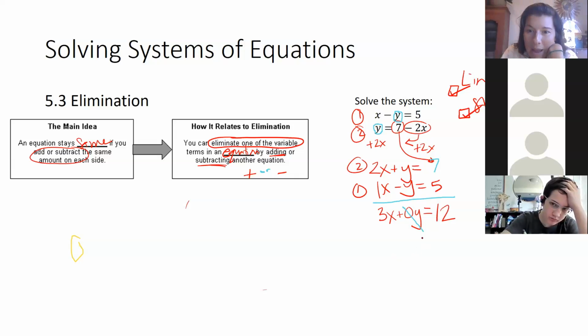Okay, so look what happened. We eliminated our y variable by adding the two equations down.